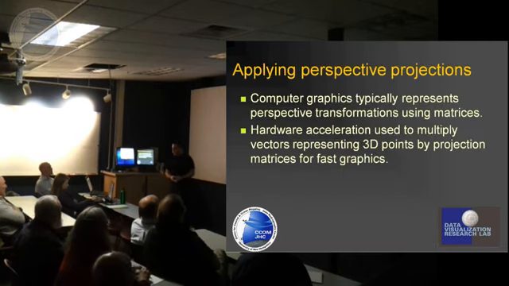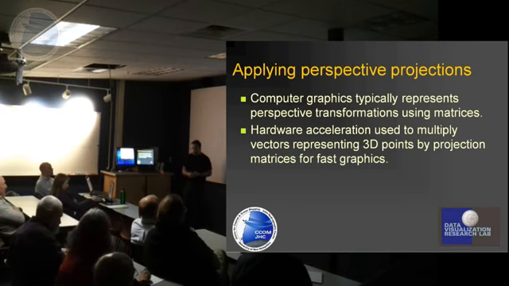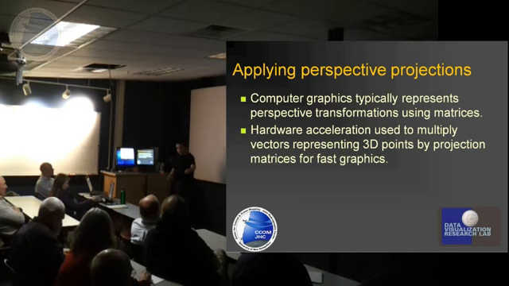So I talked a bit about the hardware and computer graphics that does that. One trick in computer graphics is, instead of just applying the function, you represent the projection as a matrix, so that you can multiply the 3D vector representing a 3D position by it, and the result is a 2D position plus another parameter that could represent your depth, basically your coordinates of the pixel on your image.